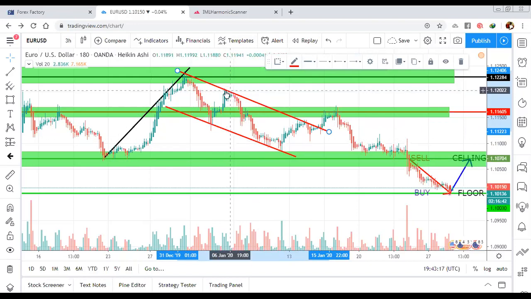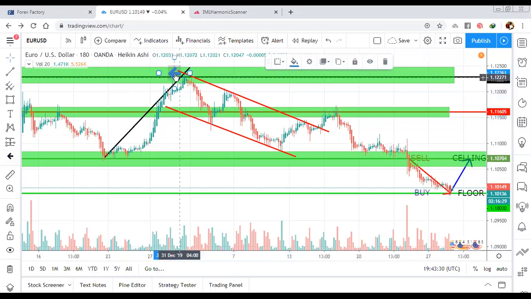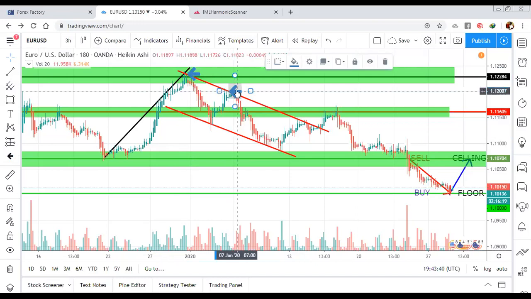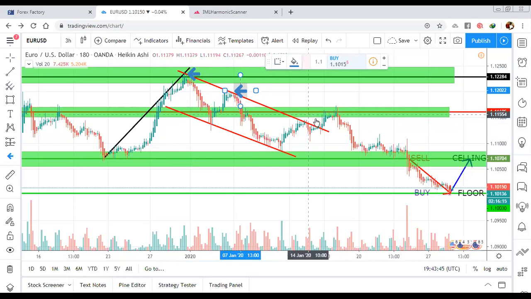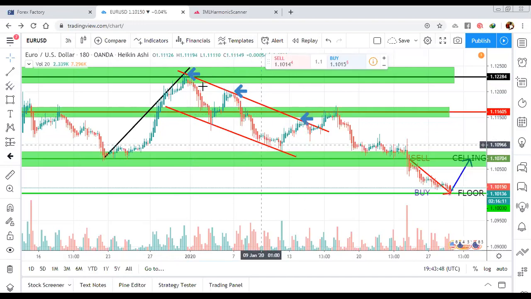Now, the particular point where the market touched at the first point, at this point, and at this point, as you can see, the market is going down.